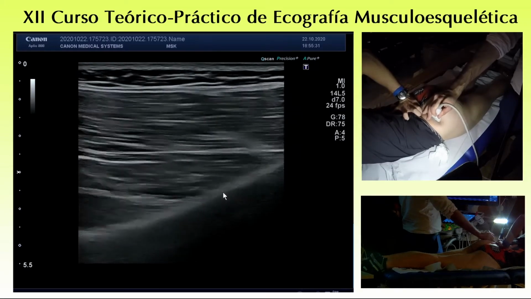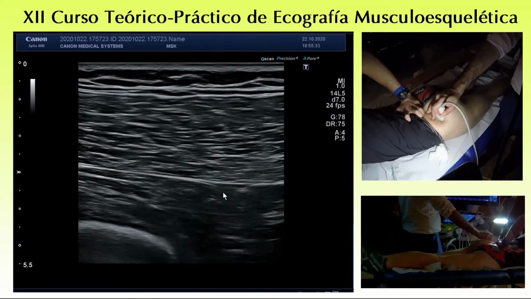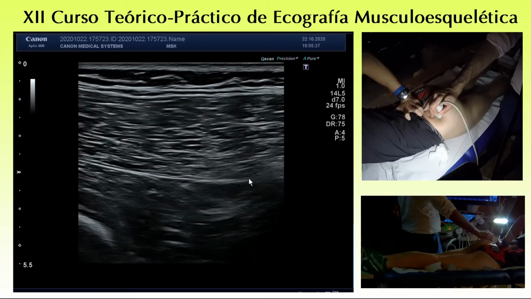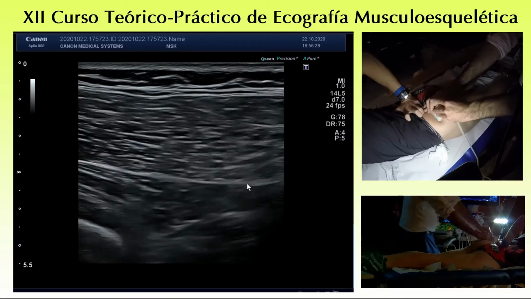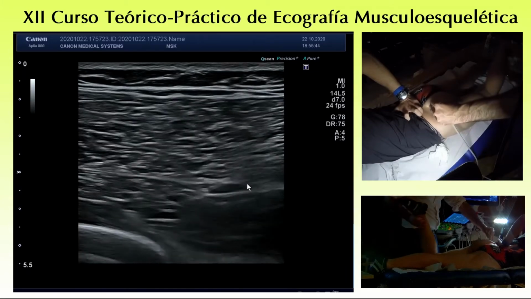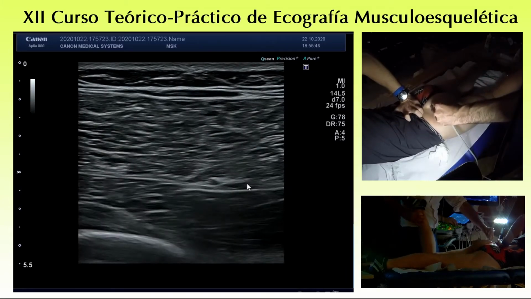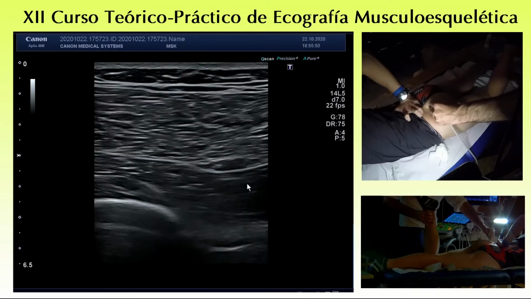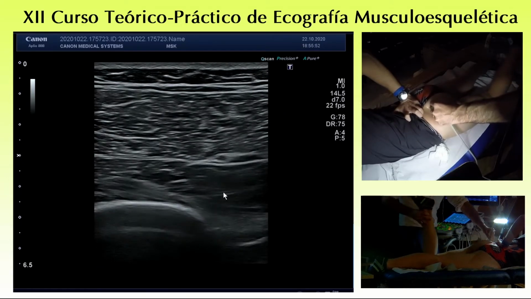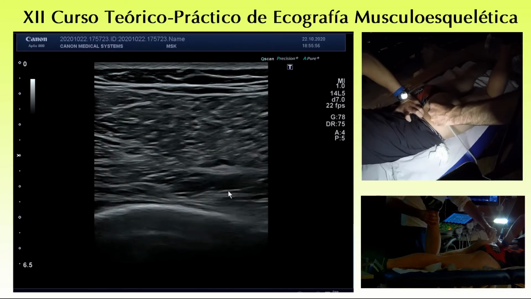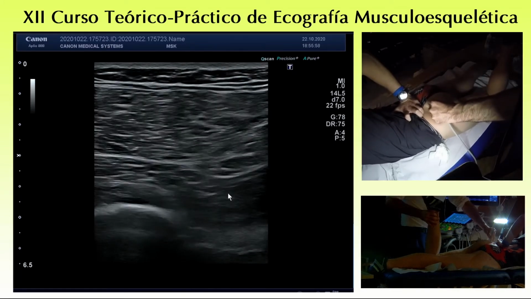And then I go down until the bone wall disappears. Once I'm at this level, I just grab the leg like this, and I perform internal and external rotation like this, and the muscle moving in that position is the piriformis.